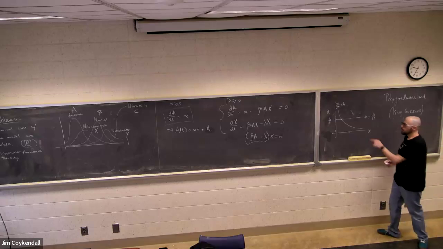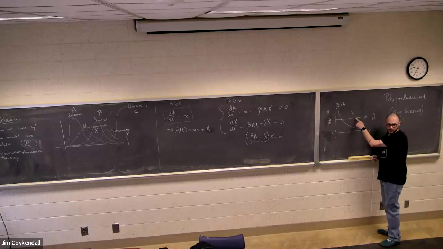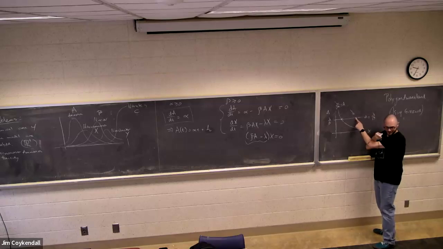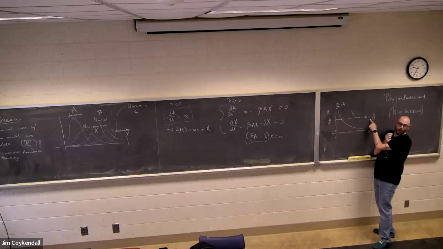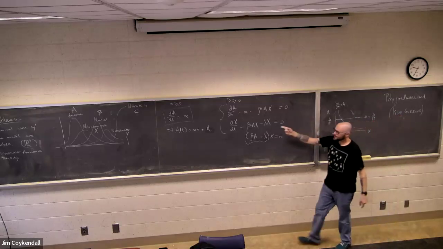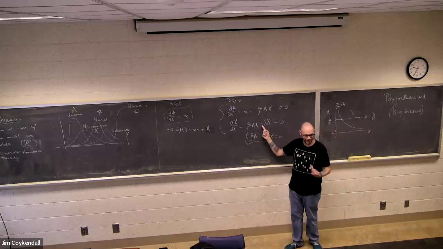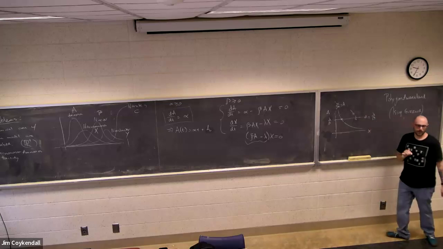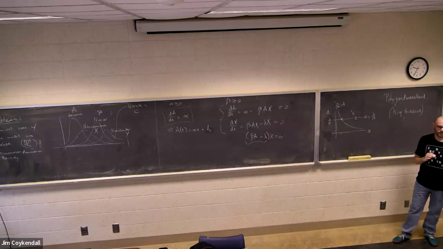Everybody agree? At this line, am I moving up or down? Down. But I'm not moving left or right anymore, because I'm on the point where the left-right variable is not moving anymore. So I have to pass directly through that line vertically.